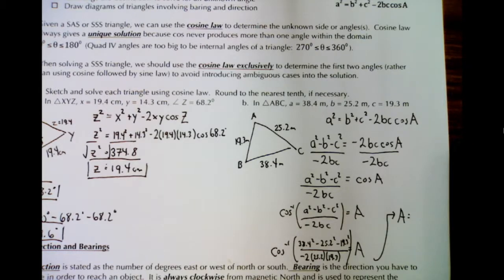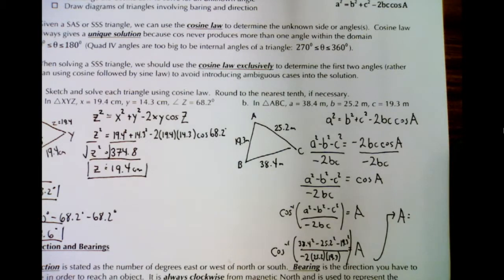Second cos, 38.4 squared minus 25.2 squared minus 19.3 squared over negative 2, 25.2, 19.3.